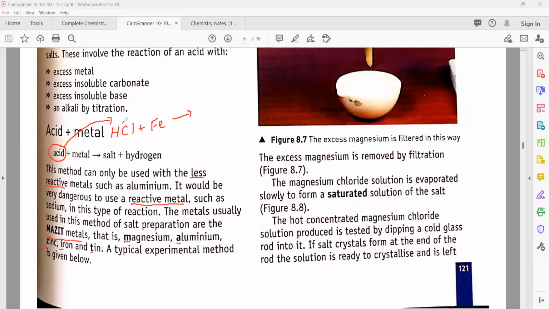How? FeCl, that is a salt, and here this hydrogen goes there, plus H positive. So that you get here. Understand? It is simple. So this is how I can add the acid and metals.